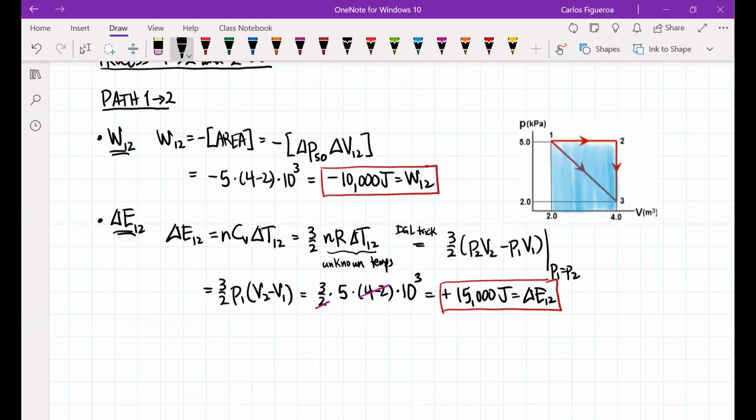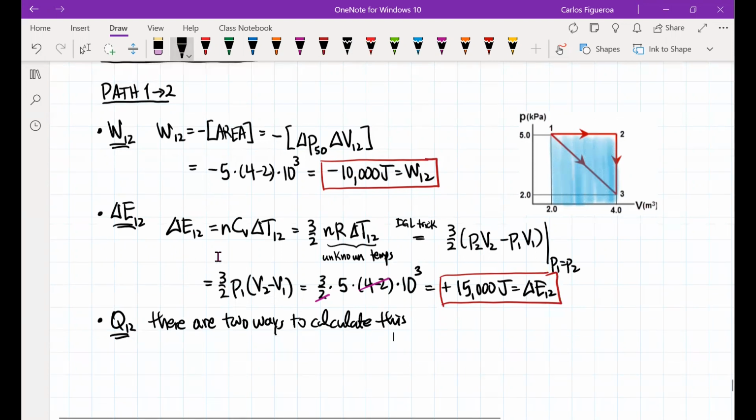So now the last one that I need to calculate is the heat between 1 and 2. Now, there are 2 ways to calculate this. One way, we could use the first law.